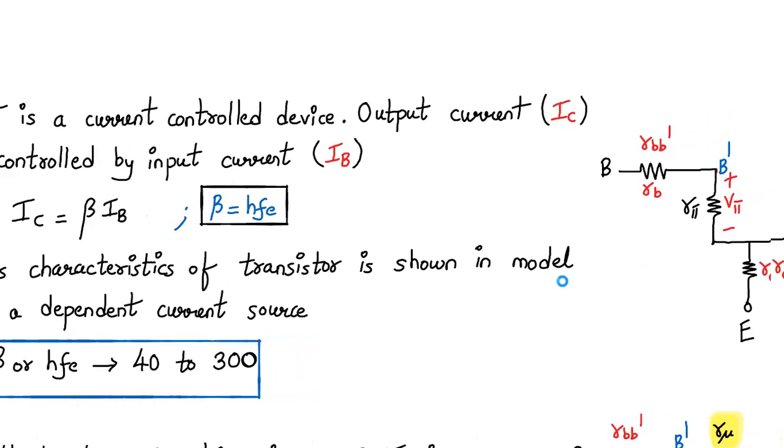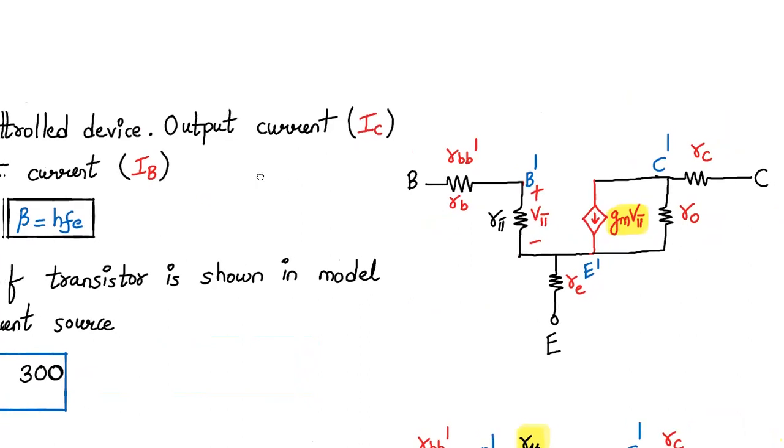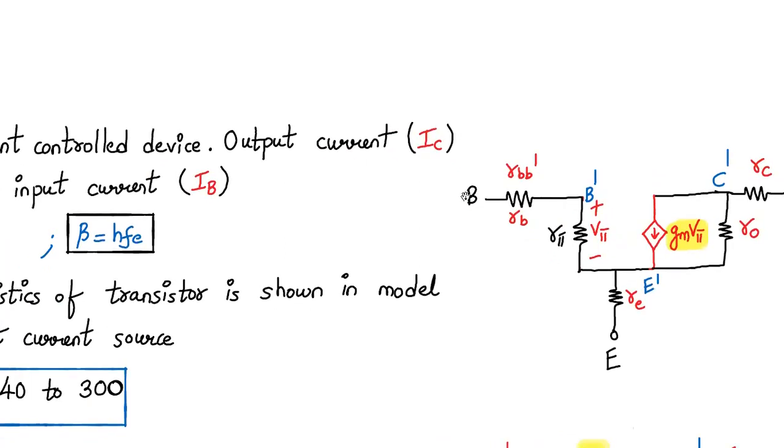So let me show how it is captured over here. Yeah, it is captured in the form of GM into V pi. So your collector current will be given by beta times IB, correct? And your GM, your transconductance, is also given by the formula IC upon VBE, and your VBE is nothing but V pi.